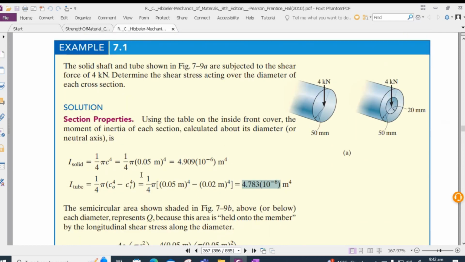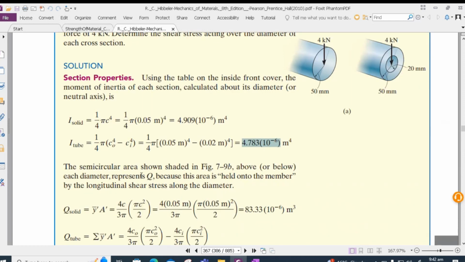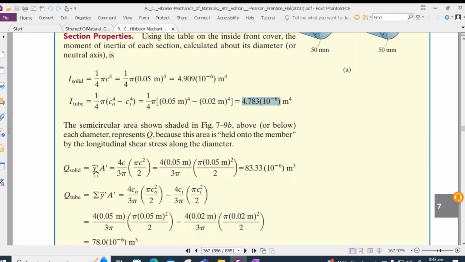Now Q, which is the first moment of area, can be worked out for both the sections. We have a solid section, and for this solid section, we have y bar equal to 4c by 3 pi.